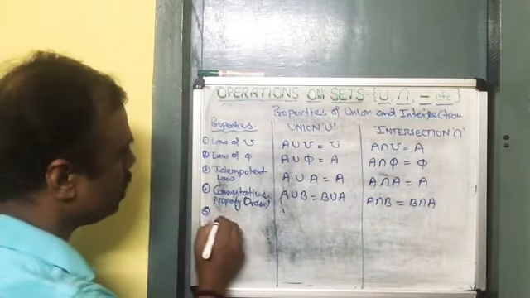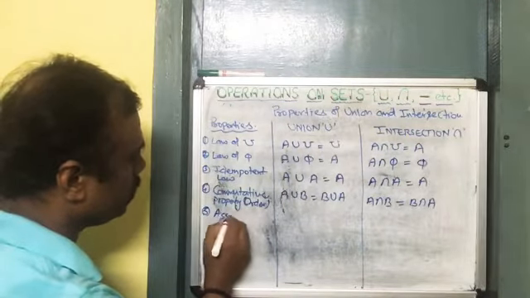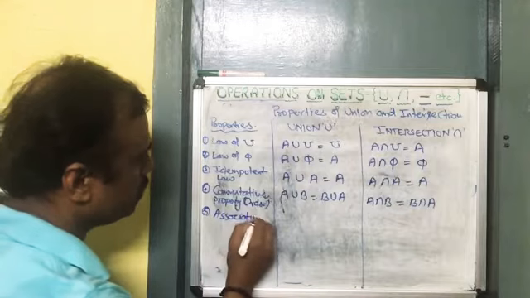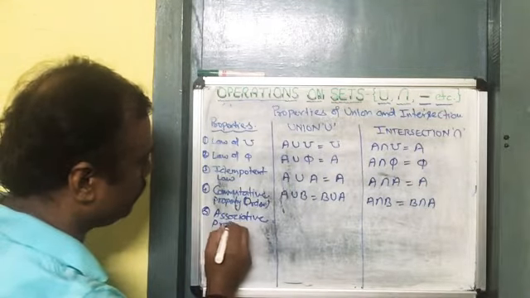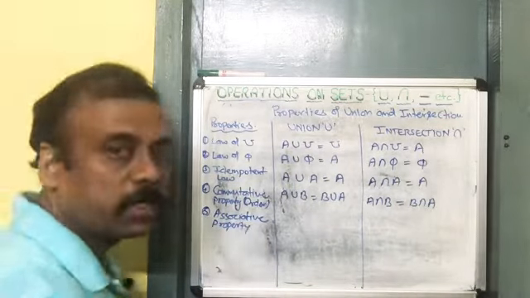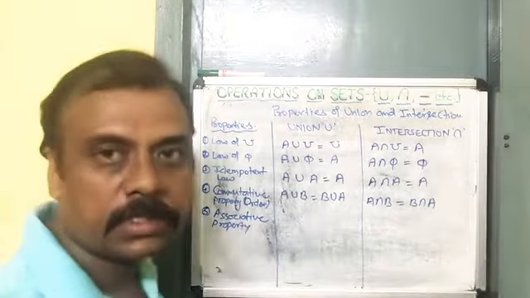Fifth, associative property. For this, we take three sets. Let A, B, C be three sets.